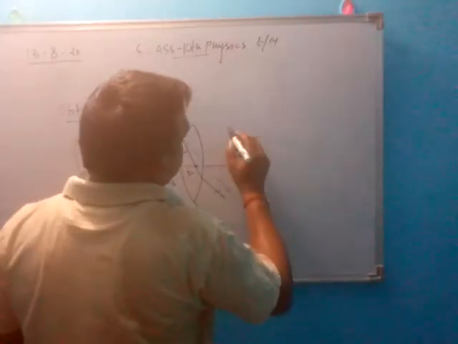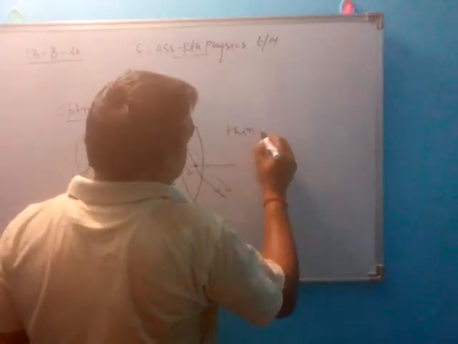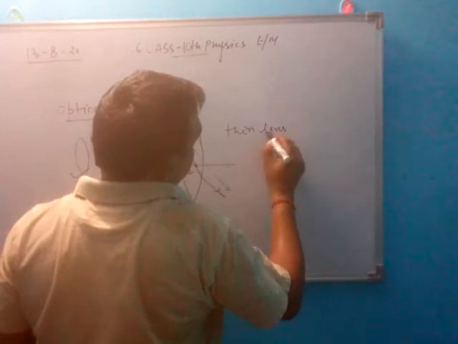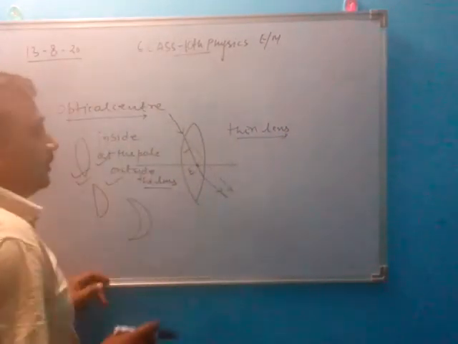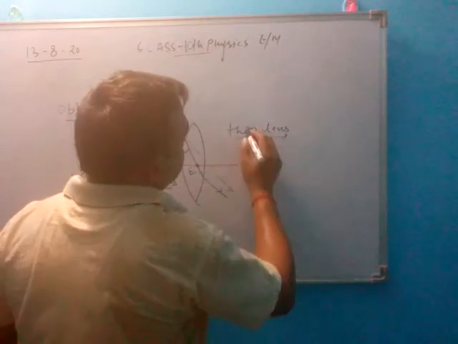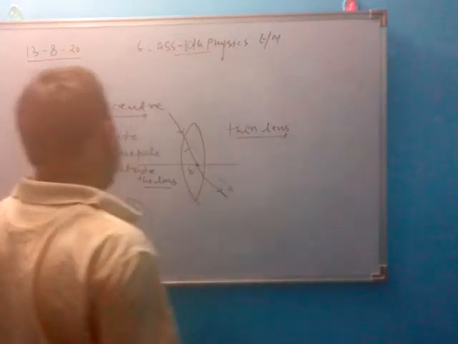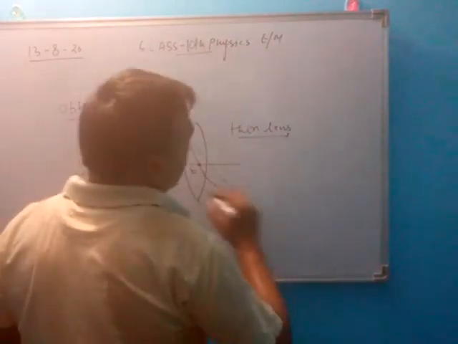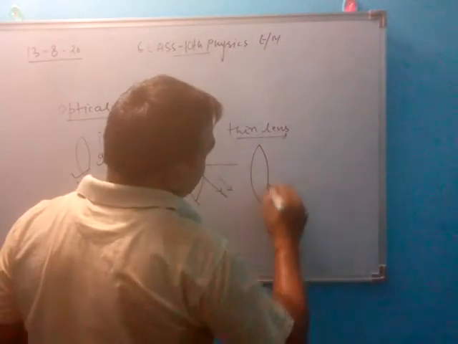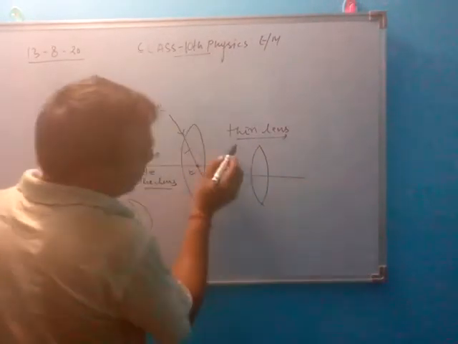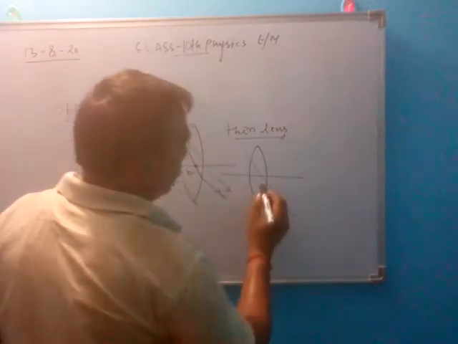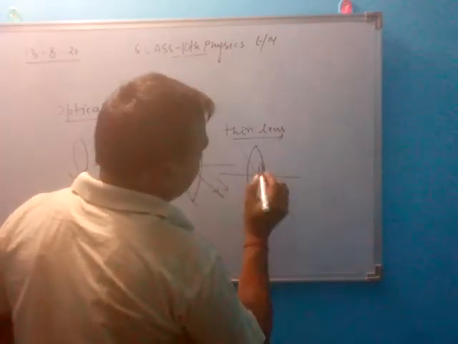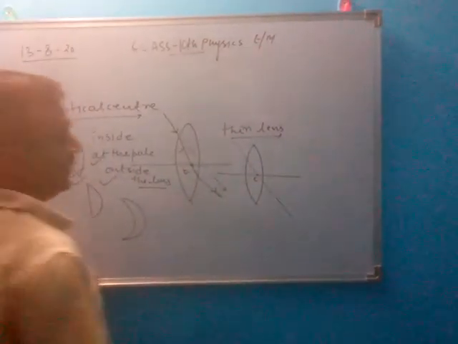But for thin lenses, that is, lenses whose thickness is very small, the light ray behaves in this way, and that point is called the optical center of the lens.